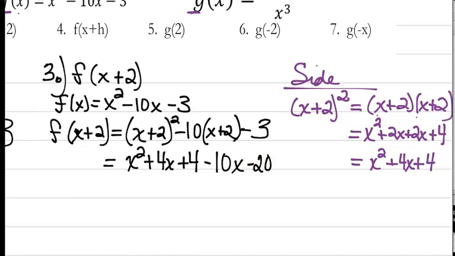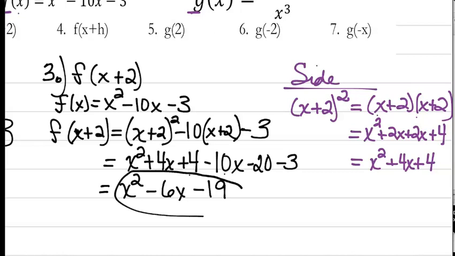And then I just get to copy down that negative 3. And now I have the fun of combining like terms. So I have a 4x and a minus 10x gives me a minus 6x. A 4 and a minus 20 is a negative 16. And then the negative 16 with the negative 3 is a negative 19. So I'm going to write minus 19. And that's my answer.